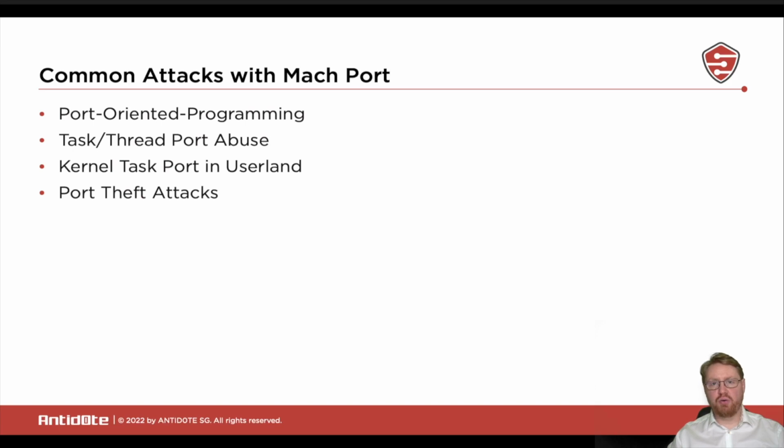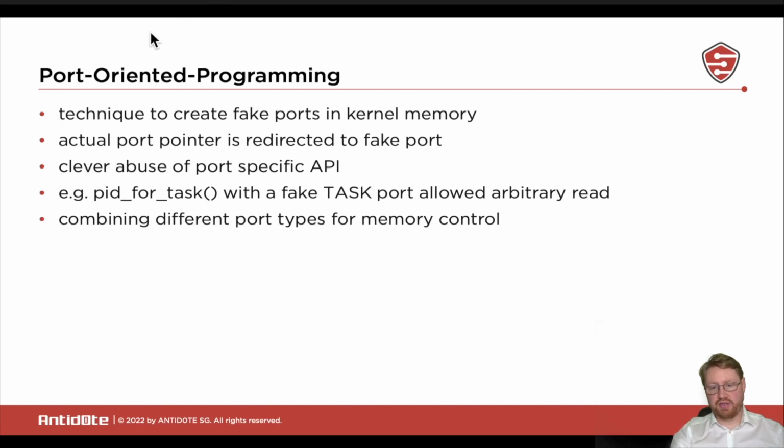Then we have the whole problem of task and thread port abuse. Here we are talking about legal usage of that. Then we have the whole issue of exporting the kernel task port to userland. And last but not least, we have a whole class of attacks that involve the theft of Mach ports across task boundaries. So let's have a look at each of these.